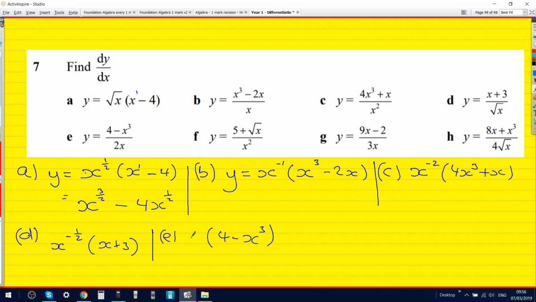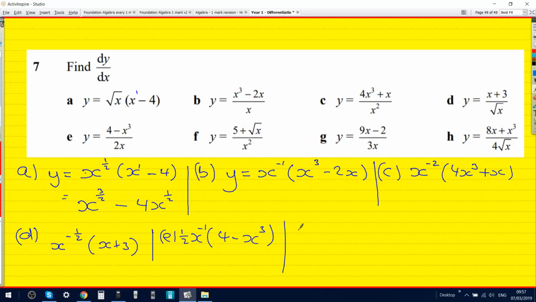So it would be x over 2 to the minus 1, or x to the minus 1 over 2, and I'll write it as a half x to the minus 1. So basically, divided by 2 is the same as times by a half. Because of BIDMAS, the index is connected only to the x. So you could do 2x all to the minus 1, or 2 to the minus 1 x to the minus 1. But it's easier. We only care about the x. So that's to the minus 1, and then that's still just a half.